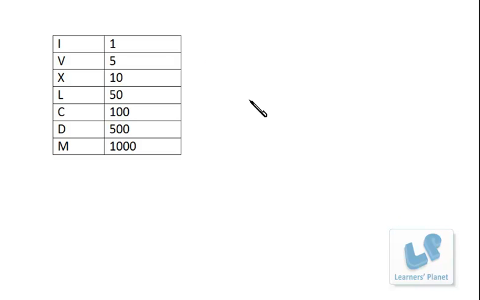Now let's write 293. Further, it's 100 plus 100 plus, we cannot write 50 plus 40 since X cannot be written 4 times. So what we will do is we will write 100 minus 10.